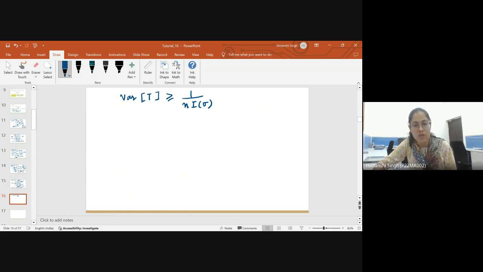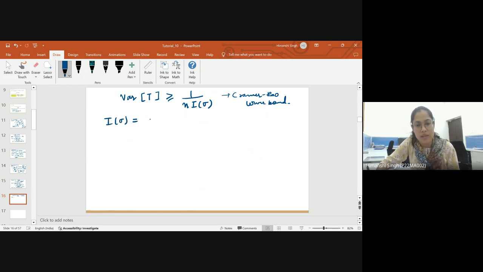So this is basically the Cramer-Rao lower bound. So we will be finding out this lower bound. So what is this I sigma?